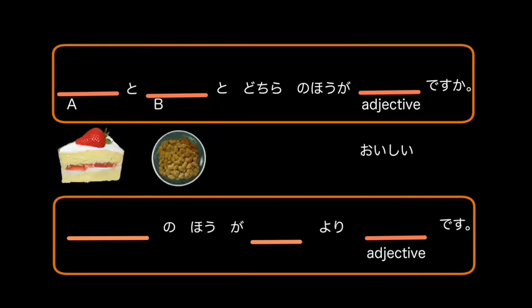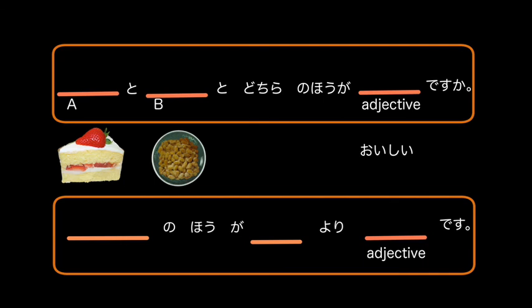The question for our foods, keiki to natto to dochira no hou ga oishii desu ka? The placement of the objects at the beginning of the sentence with dochira no hou ga, which is more, followed by the adjective. And of course the answer, depending upon your own opinion, keiki no hou ga natto yori oishii desu.